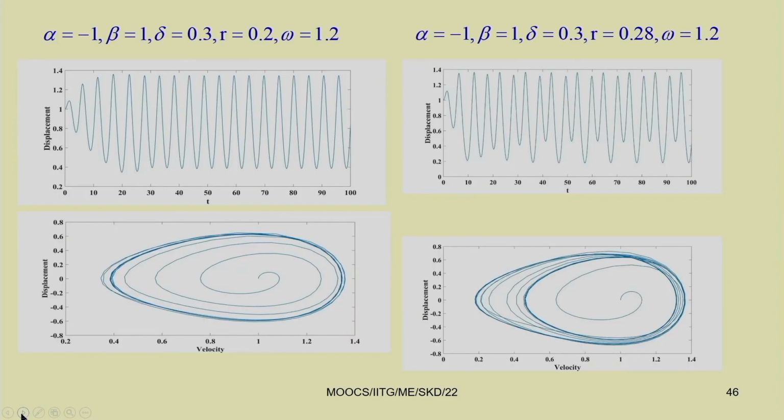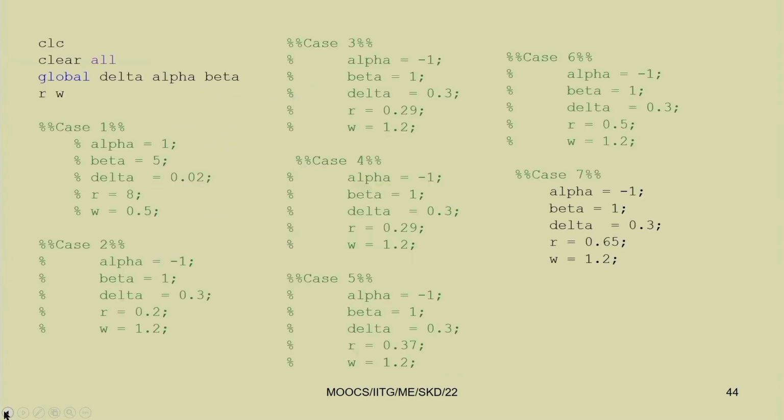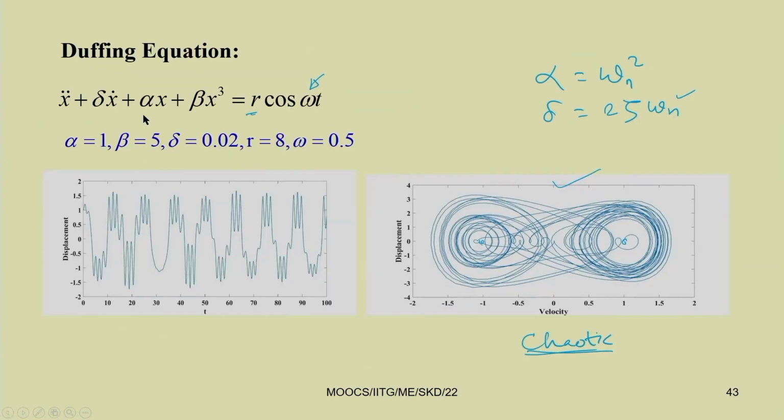You just see, by taking alpha equal to -1, note again what alpha is. In this equation we have taken alpha negative, that means the stiffness term is negative. If we are not taking the nonlinear term, generally the response tends to infinity.